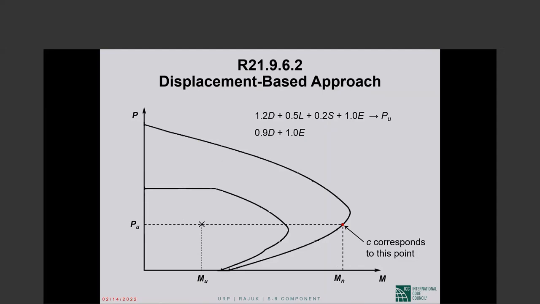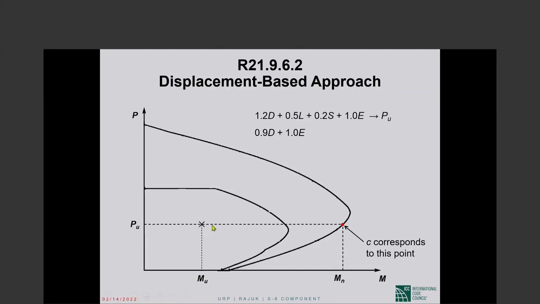Okay, so the largest axial load which will give us the largest neutral axis depth will always invariably come from the additive seismic load combination. It simply cannot be otherwise. Okay, so that is this P sub U. To go with the P sub U, there is an M sub U. There is also a moment to go with that axial load.